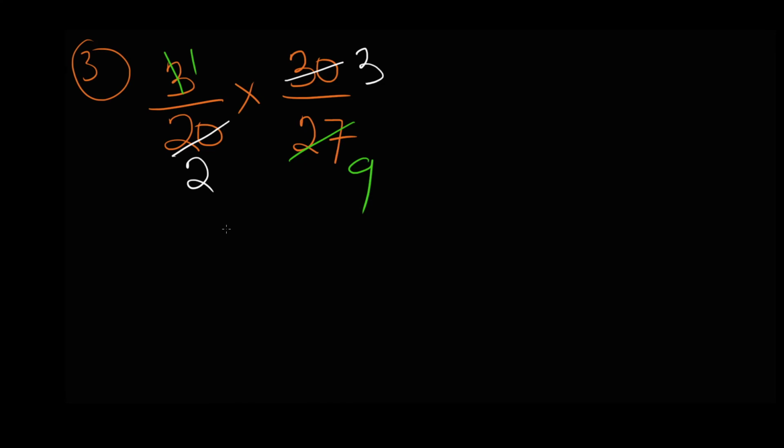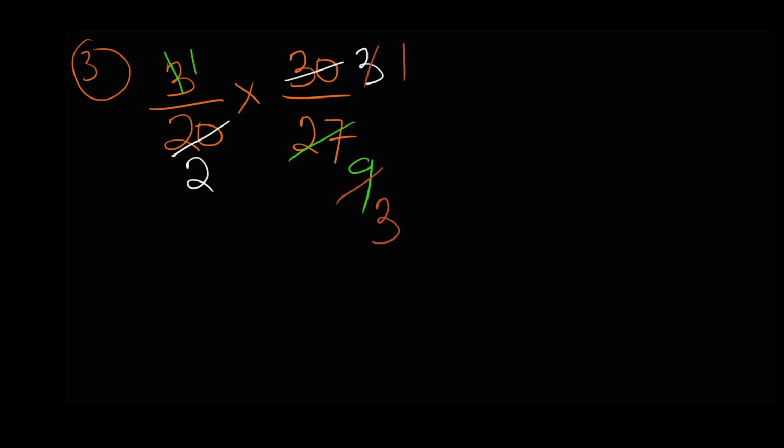Okay, it's becoming interesting. If you take a look at this, 3 is in the numerator. This is also 9. 3 and 9 also have a common factor of 3. So that means 3 can divide 3 right here, and that is going to give me 1. And 3 in 9 right here is going to give me 3.